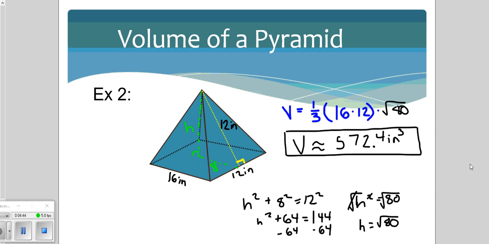So that is how you can deal with it if you are given the slant height, but you need to find volume, so you need the actual height. As long as you know the sides of the bases, if you know this side, you could bisect this one, and that's where that 8 came from, half of 16. And then we used Pythagorean Theorem to find what we needed there. If you need to, feel free to rewatch this one.